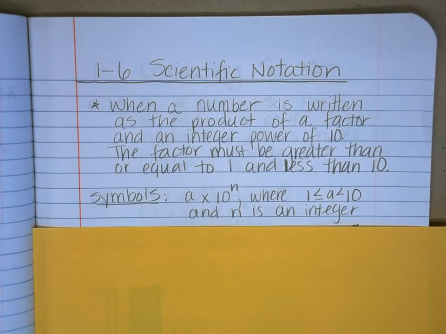So the symbols would be a times 10. That's not an x, but it's a times. A times 10 to the n, where a is greater than or equal to 1 and less than 10. And n is an integer. N can be any number, except we don't normally put a 0 there.